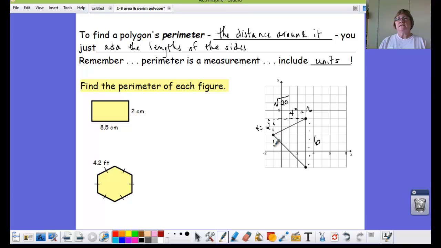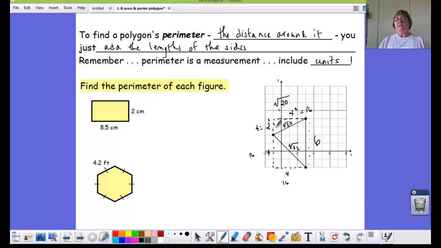This side, let's see, looks like over 1, 2, 3, 4, and 1, 2, 3, 4, 4 on both sides here. So let's see, 4 squared is 16. 4 squared is 16. 16 and 16 is 32. So this one is the square root of 32. Square root of 20 here. Square root of 32 here.